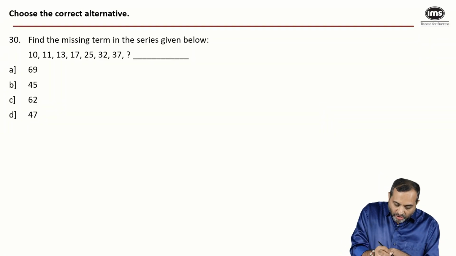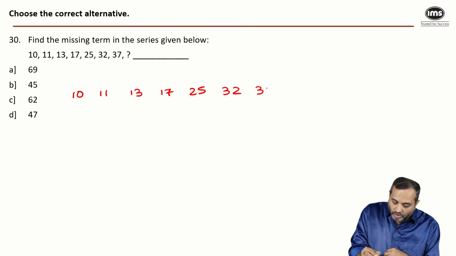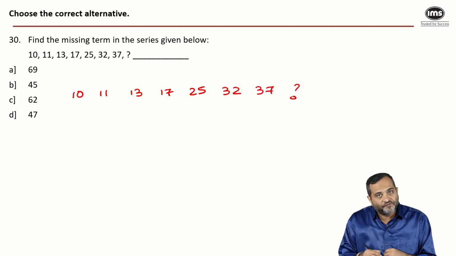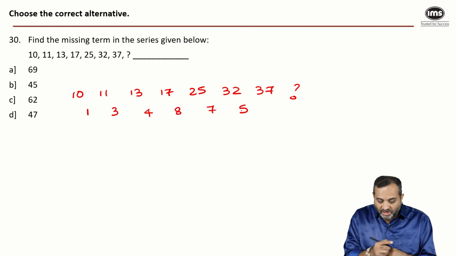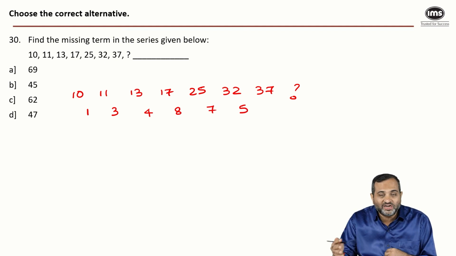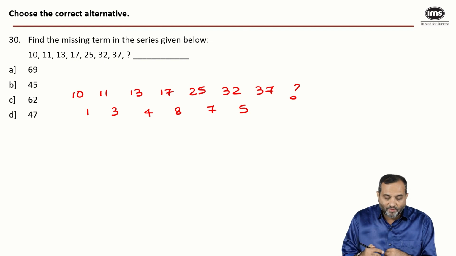Another series completion question. As we discussed in one of the earlier questions, I'm first going to find out the difference. Let's look at the difference. 1, 3, 4, 8, 7, 5. Now the difference is not constantly increasing, so you'll have to think of a pattern.